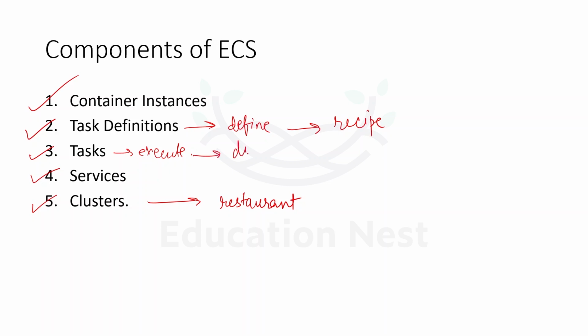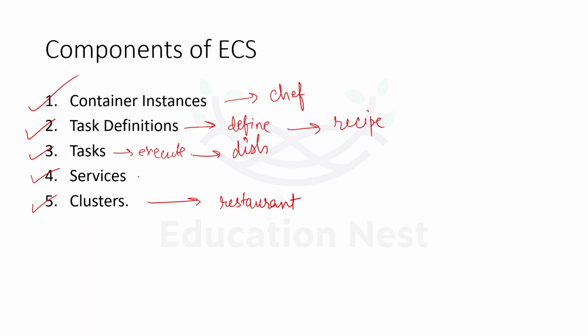Task is analogous to our dish that is being made by that recipe. Then container instance. It is just like a chef, who prepares and serves the food. So the container instance runs the container and serves them to the clusters.